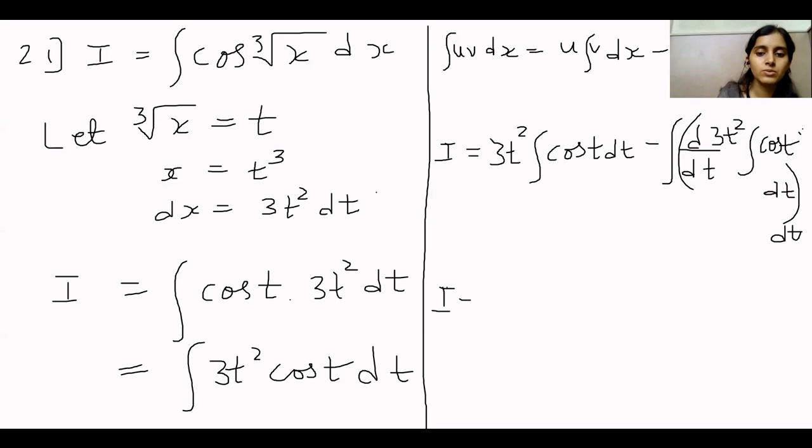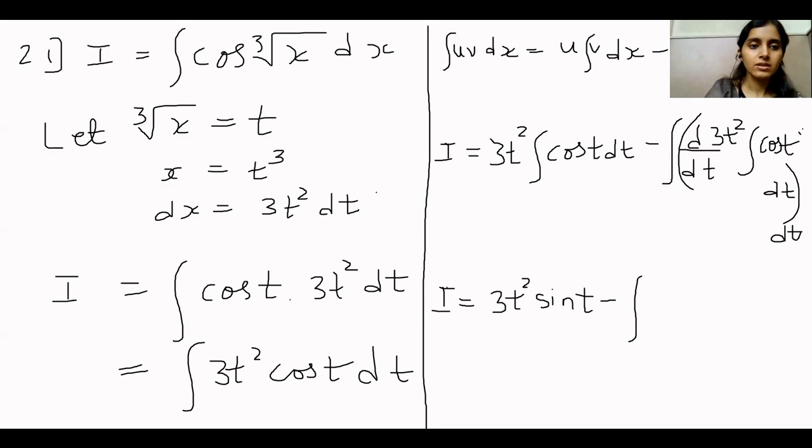So I will be equal to 3t square sin t, minus integration of 3t square is 6t, multiplied by integration of cos t dt will be sin t, into dt.